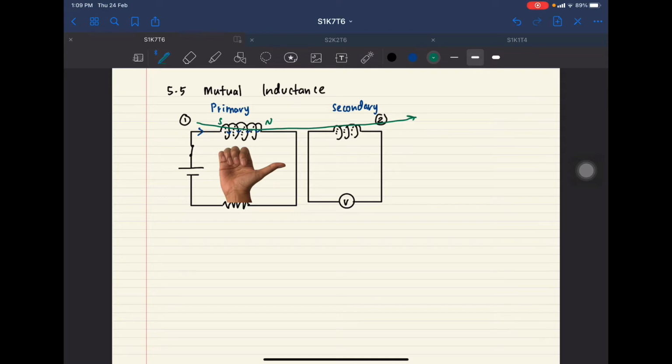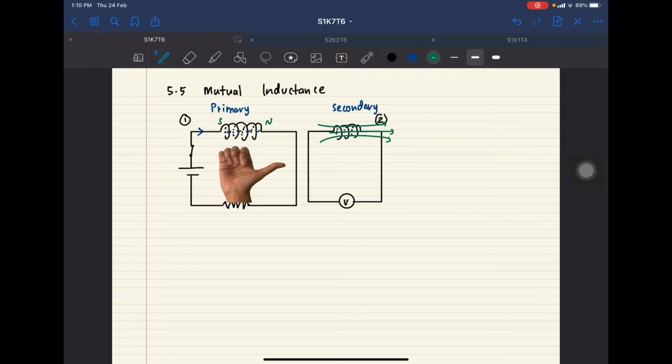I just make it very long over there. You can see that this magnetic field created in the primary circuit is also produced on the secondary circuit over there. Let me redraw this one, so you can see that over here it has a magnetic field in that direction. This one is due to the primary.